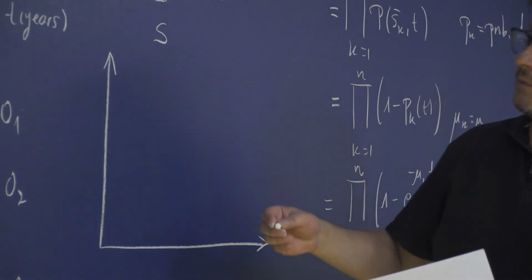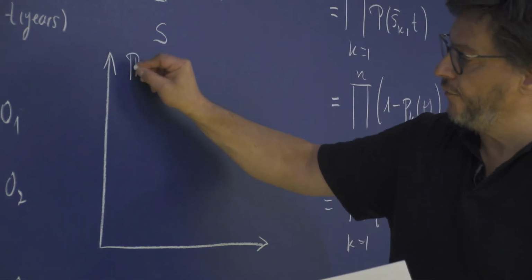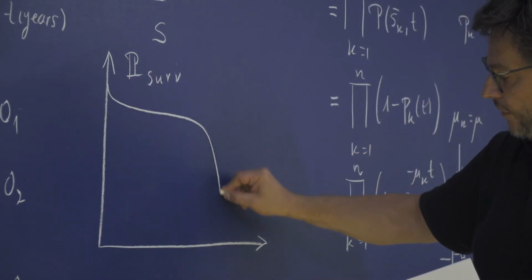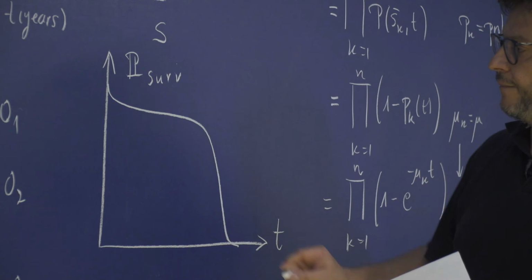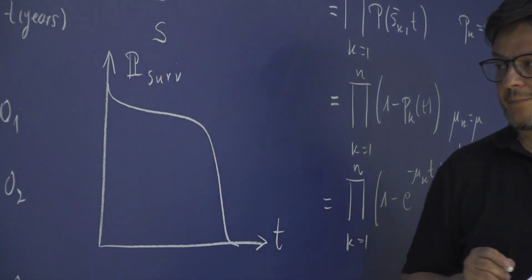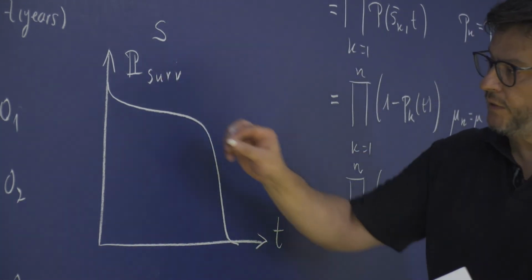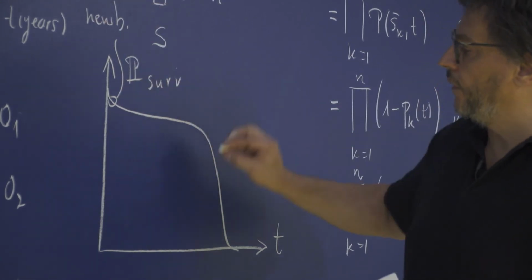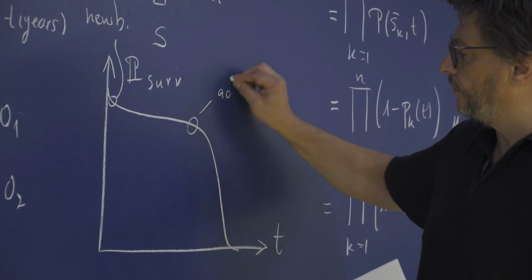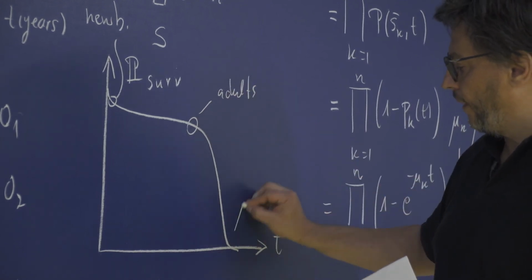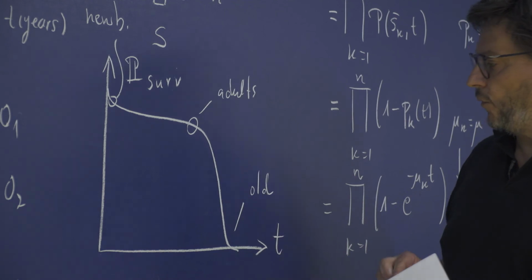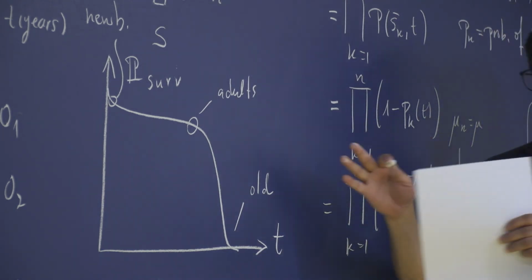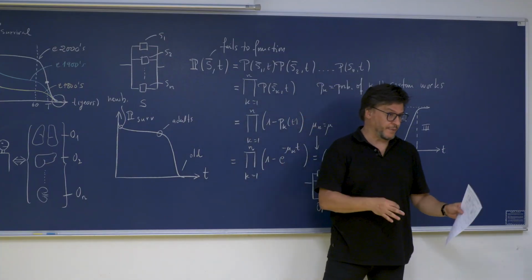For humans, the picture I plotted before is what I was just showing you: time and the probability of survival. So here we'll have newborns, we'll have adults, and old people. That's for us and for elephants and for primates.